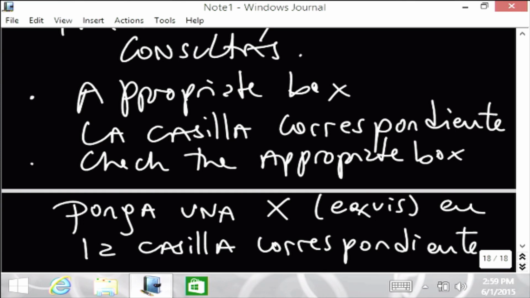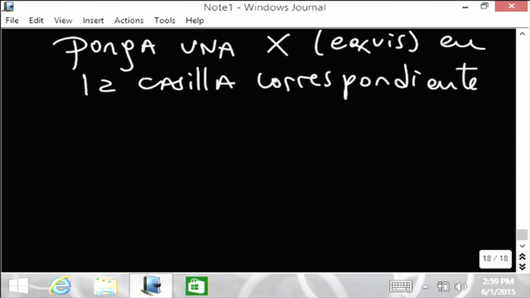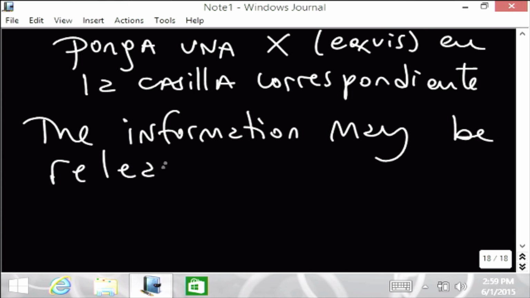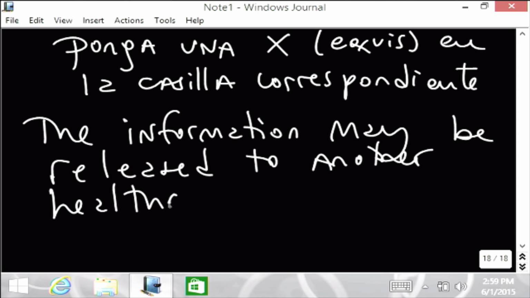All right. Last but not least is this says the information may be released. The information, of course, remember referring to your medical information, may be released to another doctor or to another healthcare provider. Okay. La información puede ser divulgada.